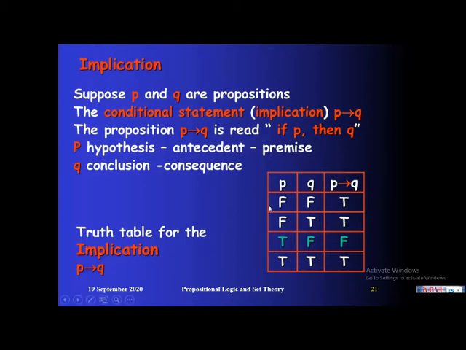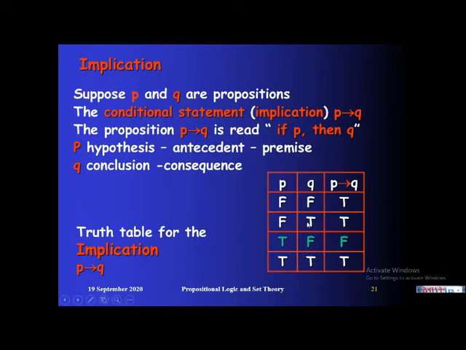By the way, it is a very important truth table. Now, if we have false implies false, the truth value is true. False implies true is true. True implies false is false. True implies true is true.